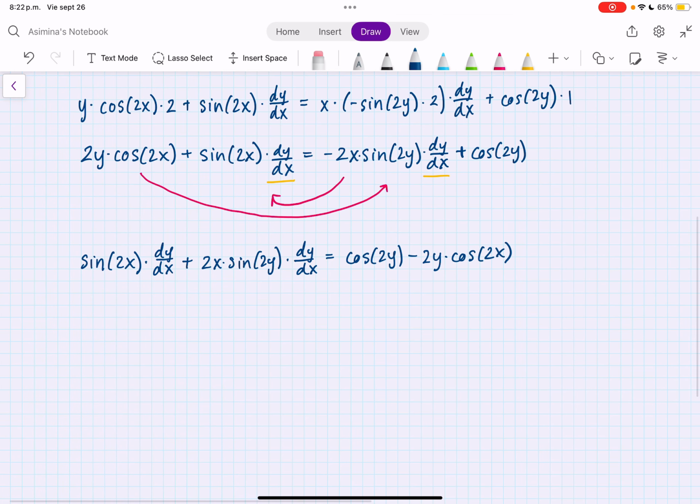Now I'm going to factor out the dy dx from the left-hand side, and so I get dy dx times sine of 2x plus 2x times sine of 2y, and then the right-hand side stays the same.